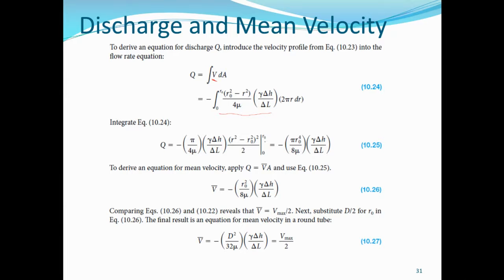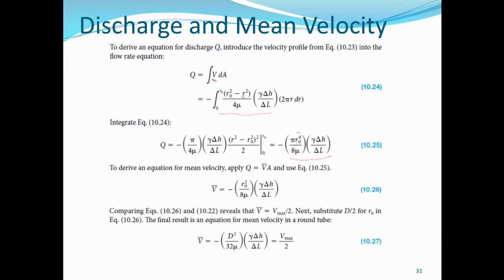When we integrate, it is a simple integration with respect to r, basic integration, no complexity. All other terms are constant. When you apply the integration limits, you arrive at this. Then, to derive an equation for the mean velocity, we divide this by the area of the pipe, which is pi r naught squared.